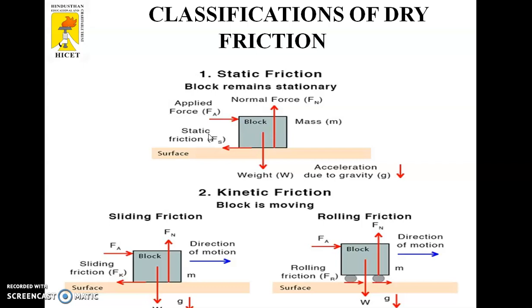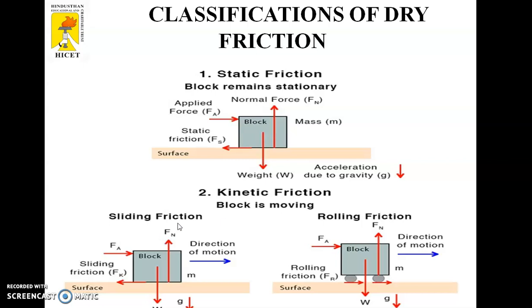We have to take some force analysis, so we can easily calculate how much value of frictional force is required. Suppose when the applied force is less, the block is stationary. Suppose when the applied force is more, it is called sliding friction. So it is a static condition, and this is a dynamic condition. So dynamic or kinetic friction is the second classification.